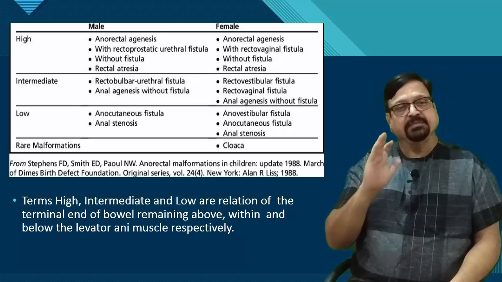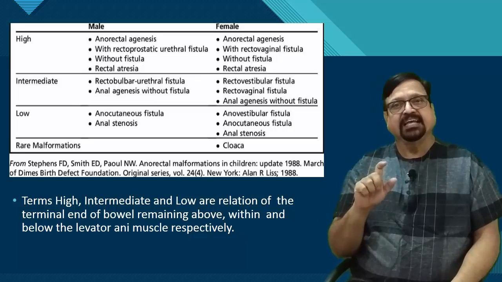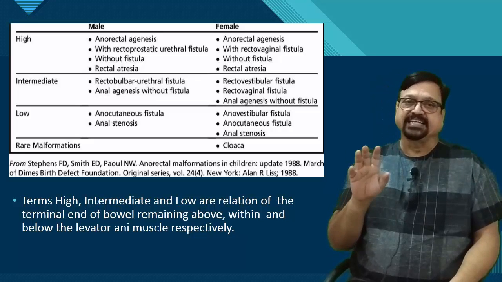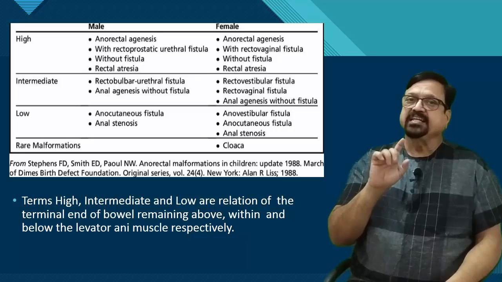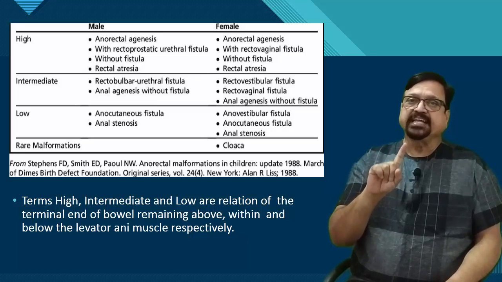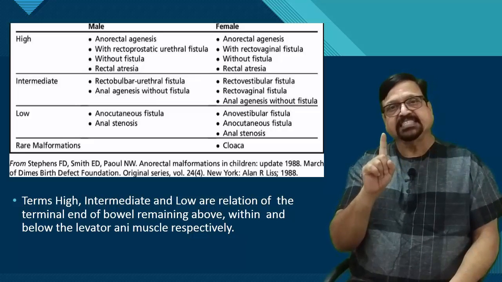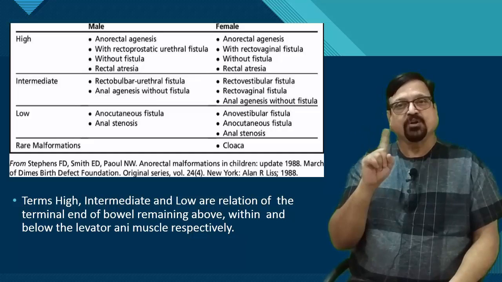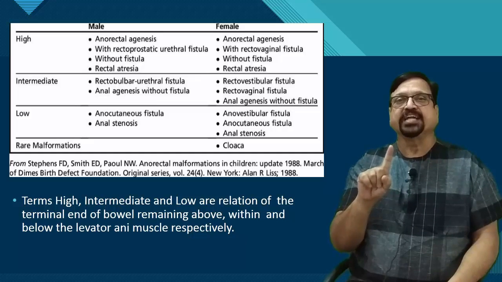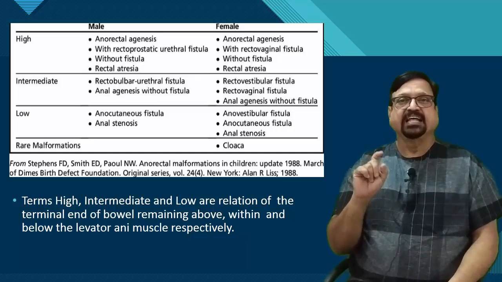Now what is the meaning of high type? In males it is anorectal agenesis with retroprostatic urethral fistula. Now anal agenesis can be associated or may not be associated with a rectoprostatic urethral fistula.